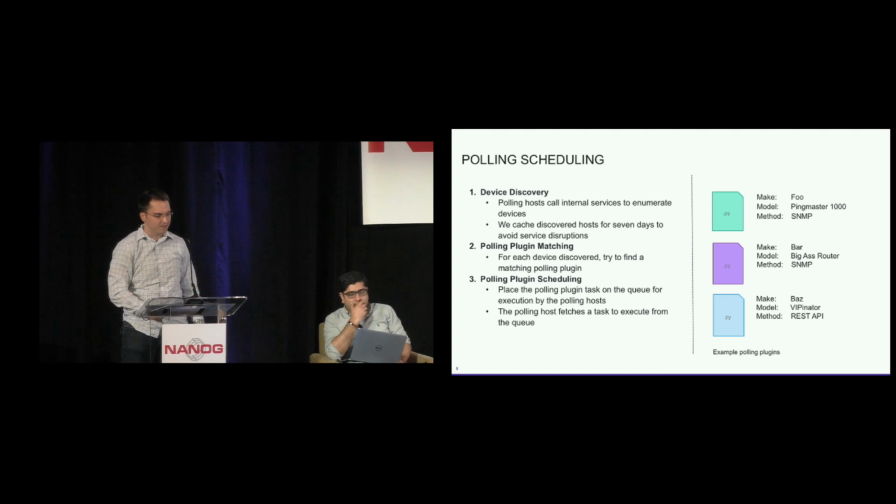Once we have our list of devices, we try to find a matching polling plugin by matching that device's metadata with each polling plugin's target information. Then, to actually execute the polling plugin, we place its task on the Celery task queue and wait for a poller host to fetch and execute that task.